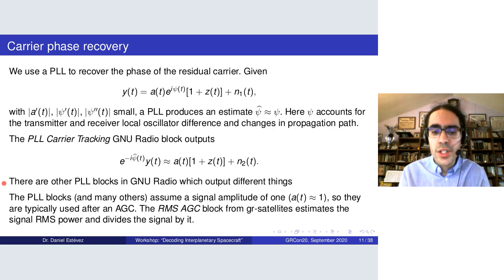So if we don't have an amplitude of 1 in our signal, such as in this case, we need an AGC, an automatic gain control block, before the PLL. In this case, I'm going to use the RMS AGC block from GR Satellite, just because I like it, but there are also suitable blocks included in GNU Radio. They're also called AGC.